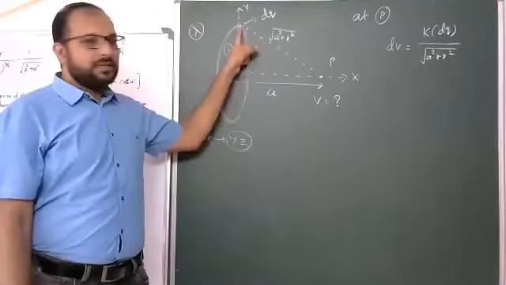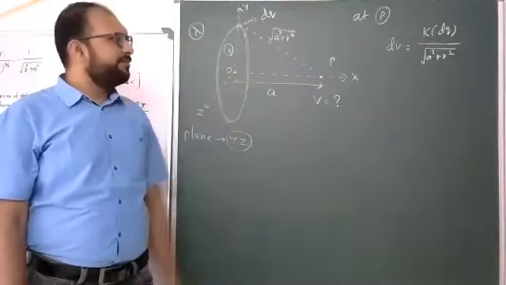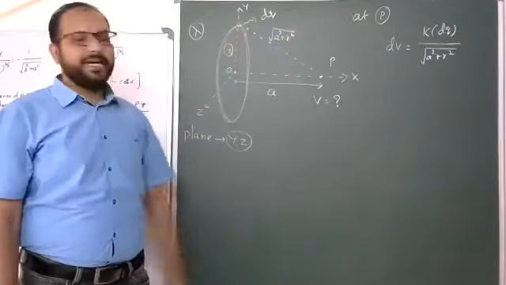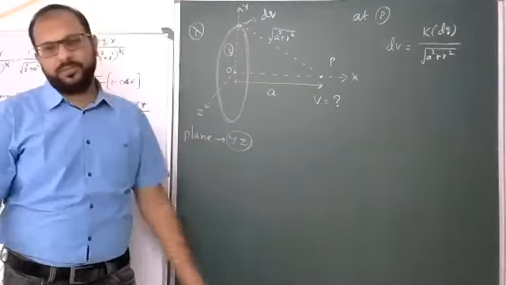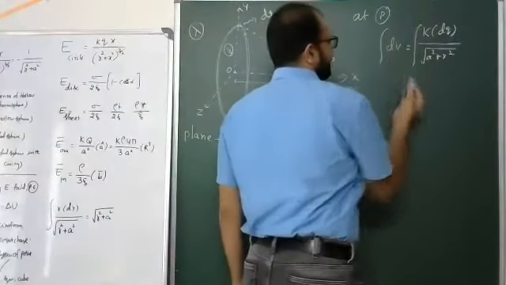Due to this small strip charge, potential at point P is dV equal to k into dq divided by this distance, root over a square plus r square. For the total potential, you should integrate.